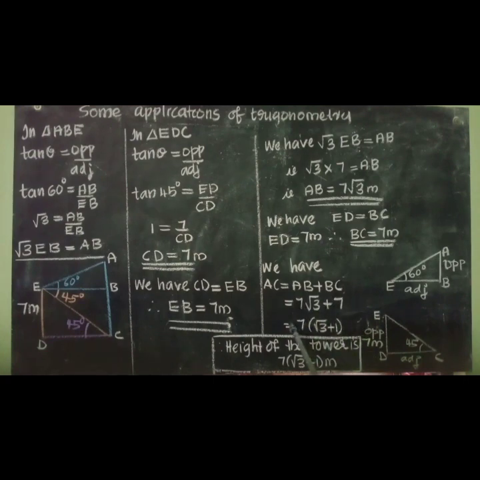We can take it outside. We get that is equal to 7 into root 3 plus 1. That is the value of AC. AC is the height of the tower. So, we can conclude therefore height of the tower is 7 into root 3 plus 1 meter.